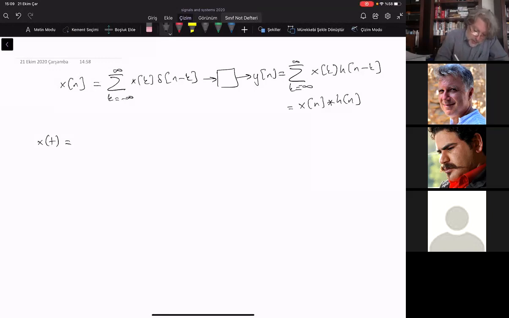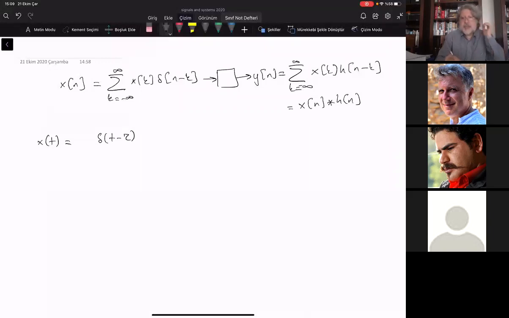First, let me write the impulse. Let's say delta t minus tau. This tau is like the summation variable. It's just like saying delta n minus k. Instead of k for discrete time, I'm using tau for continuous time.